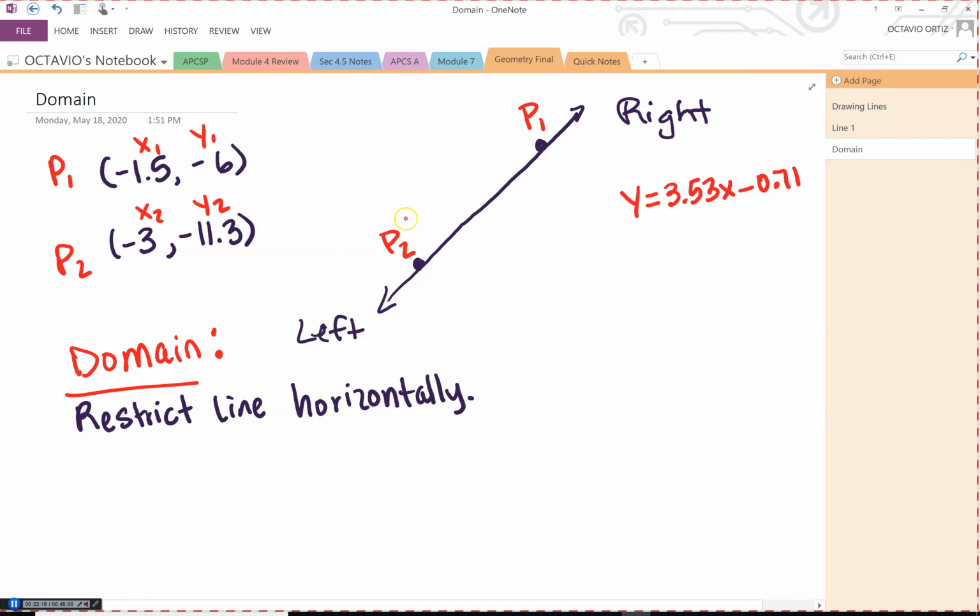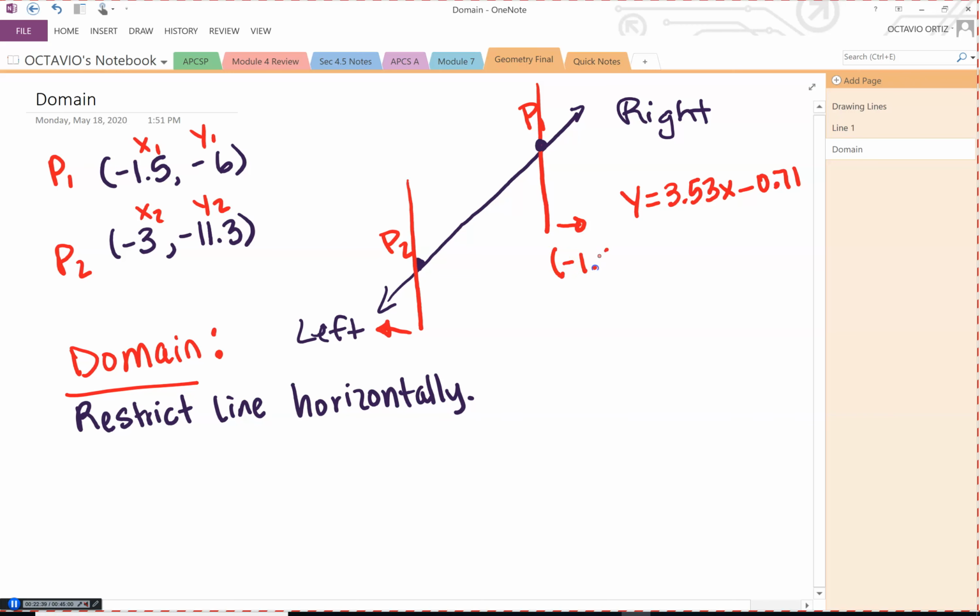I want it to stop right here, like if I drew a line right there, and I want it to stop right here. So I don't want it to go further to the left, and I don't want it to go further to the right. The domain is going to restrict the line horizontally. We're going to look at the x coordinate.